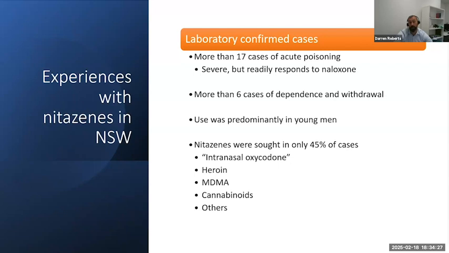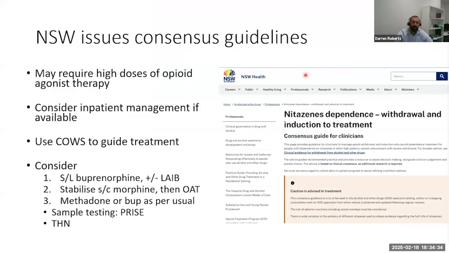So we think these are probably more common than we're aware of, and people are at risk of both overdose and also withdrawal. Out of concerns for this, New South Wales Health recently issued some consensus guidelines to try and provide some support for healthcare providers who are looking after patients who are using nitazenes.